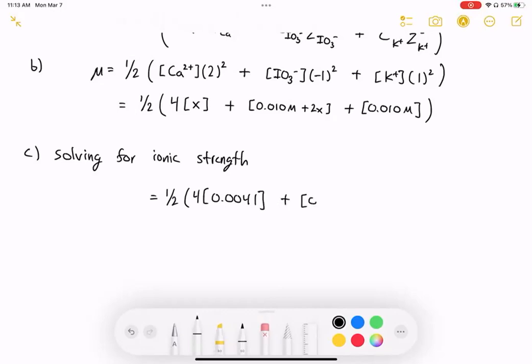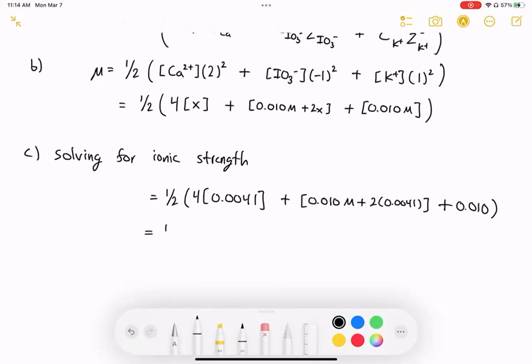Plus 0.010 plus 2 times 0.0041. Put that in brackets again, plus 0.010. And then we're going to put that in parentheses times 1/2.